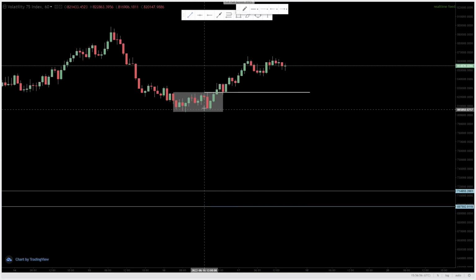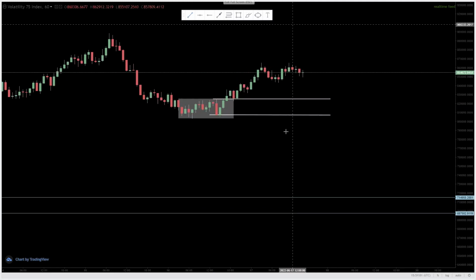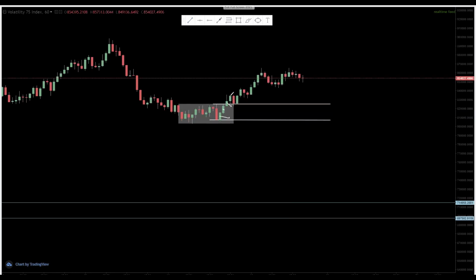Why? Though it did not move that much, it moved for 1, 2, 3, 4 hours, reached there, consolidated, and created a bullish order block. As a result, the market again started moving from this level.